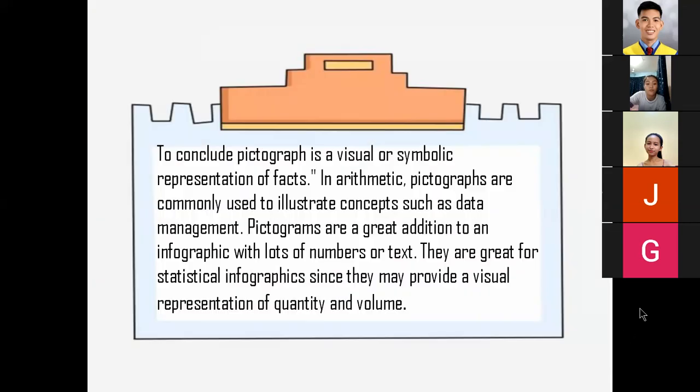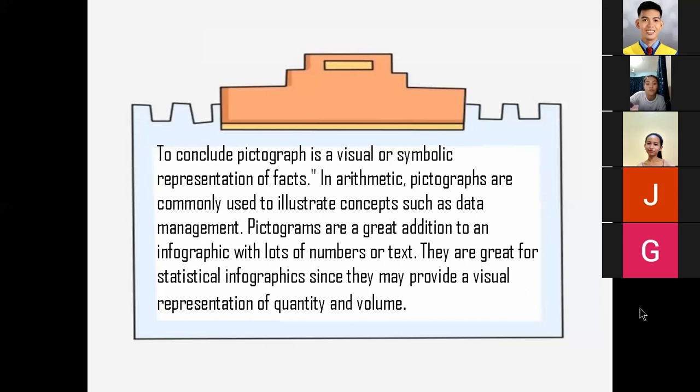To conclude, a pictograph or pictogram is a visual or symbolic representation of facts. In arithmetic, pictographs are commonly used to illustrate concepts such as data management. Pictograms are a great addition to an infographic with lots of numbers or text.